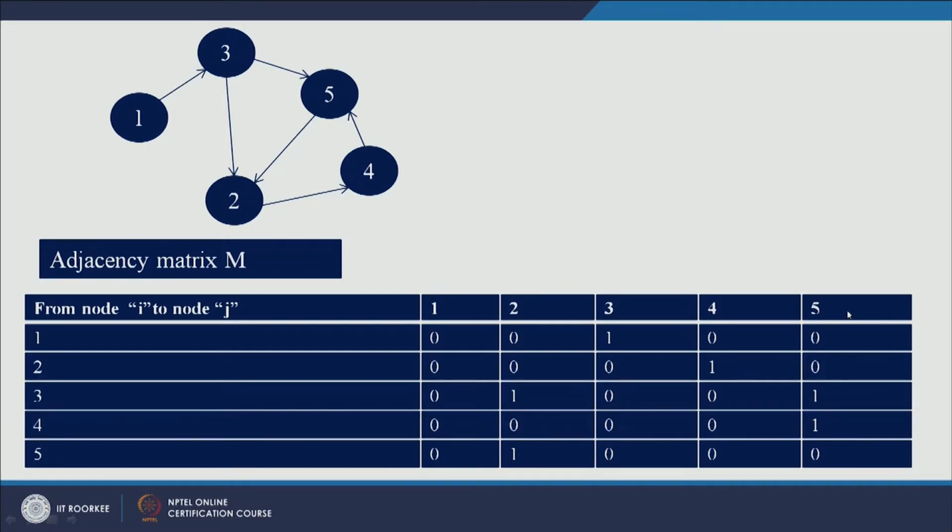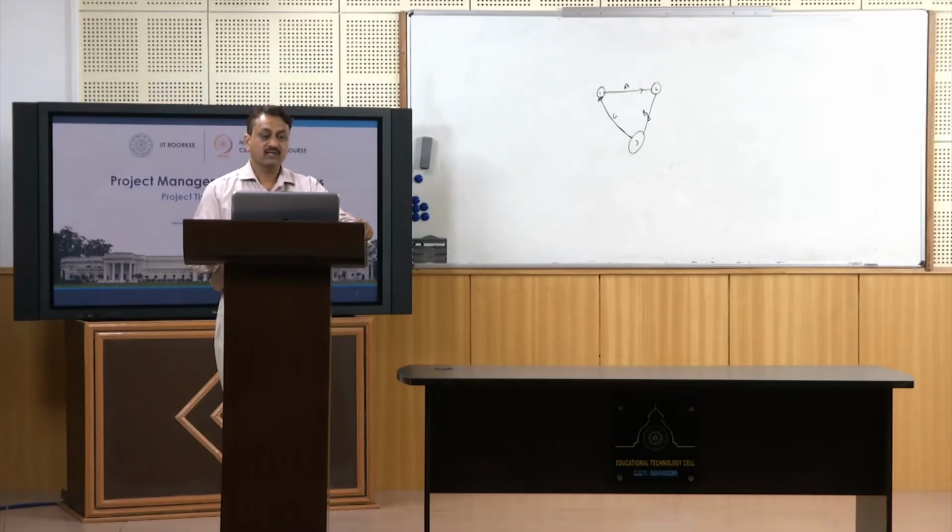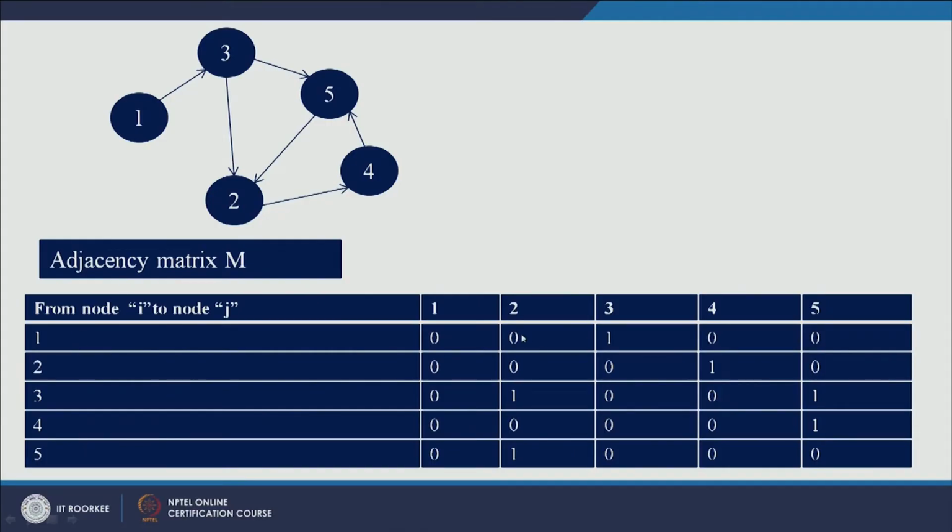So is there any connection between node 1 and 2? There is no connection, so 1 to 2 is 0. The diagonal entries 1 1, 2 2, 3 3, 4 4, 5 5 will always be 0. Is there any connection between node 1 and node 3?